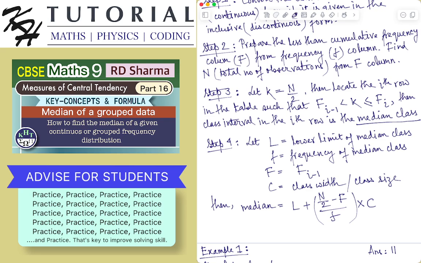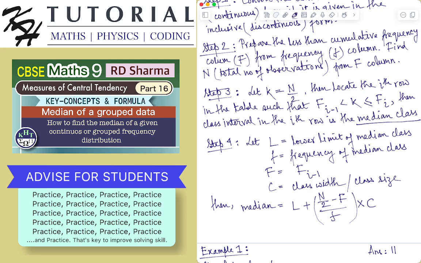So Fi is the value of the less than cumulative frequency of the median class, and Fi minus 1 is the less than cumulative frequency of the class preceding the median class. And capital C is the class width, which is the same for all classes, also called class size, which is basically the difference of the upper limit and lower limit of a class.